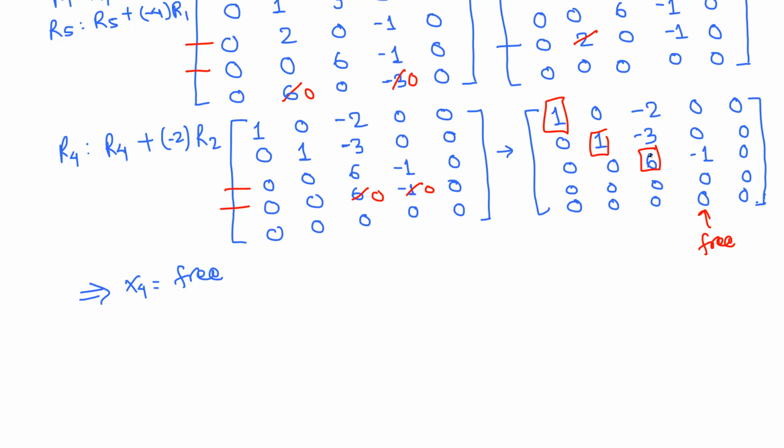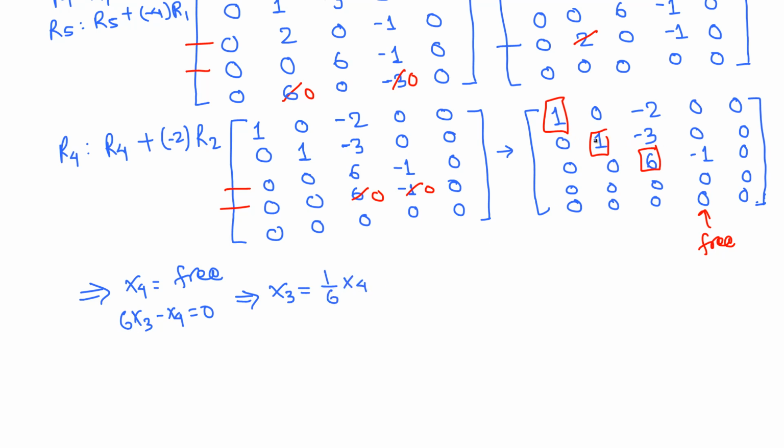Going back to this third row, that's 6x3 minus x4 is 0. Now we add x4 to both sides, and x4 is free, just keep x4, divide by 6, so this implies x3 is 1/6 x4.